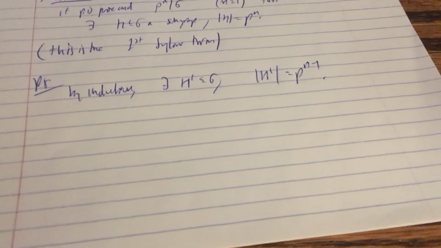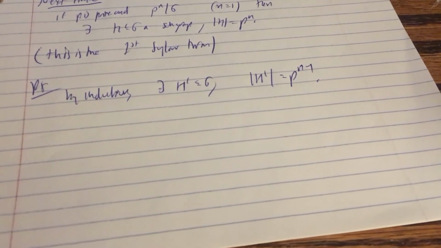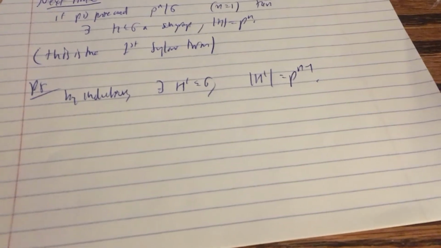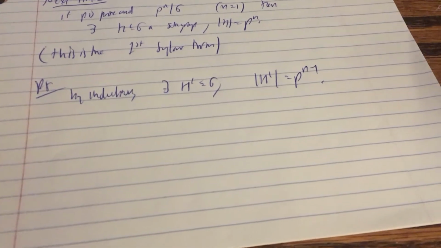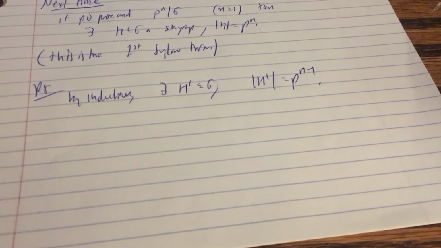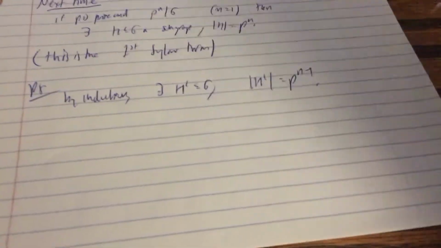Okay. So what we're going to do is look at the left multiplication action of H prime on the coset space G mod H prime. So here's what we're going to look at.